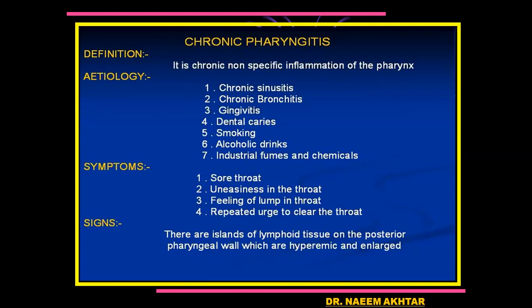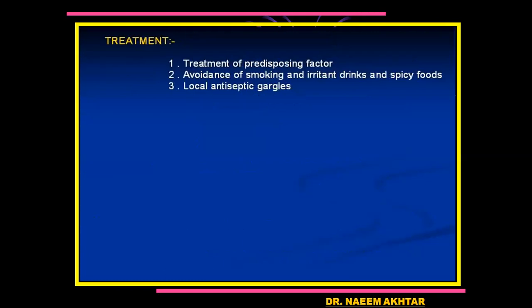Symptoms of chronic pharyngitis include sore throat, uneasiness in the throat, feeling of a lump in the throat, and repeated urge to clear the throat. When we examine the throat of these patients, we may see islands of lymphoid tissue on the posterior pharyngeal wall which are hyperemic and enlarged.